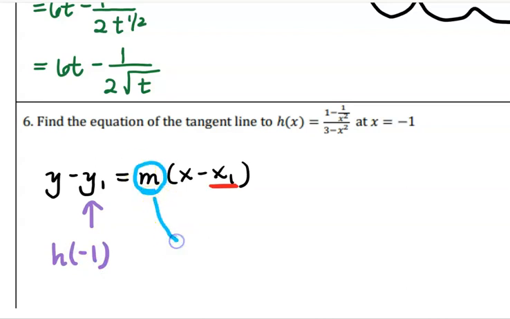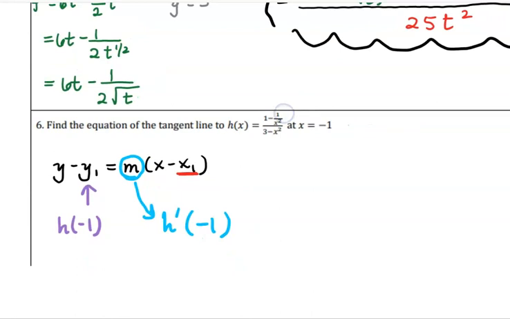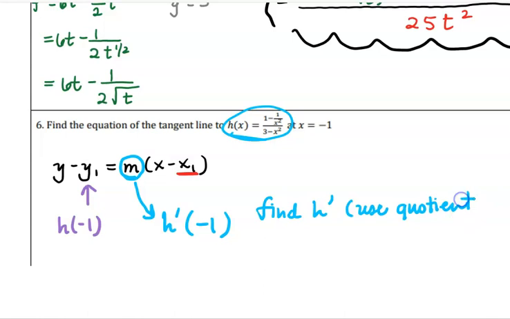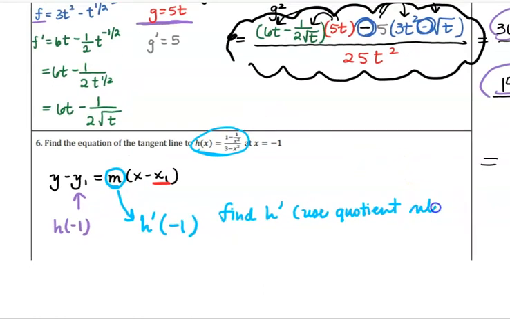And we talked about how we would find m by plugging -1 into the derivative. So the first thing you're going to have to do is find h prime, find the derivative of this function. By the way, you will have to use the quotient rule because that is a quotient. And then once you find h prime, then you will plug -1 in to get your slope. And then you can fill out the equation of your line.